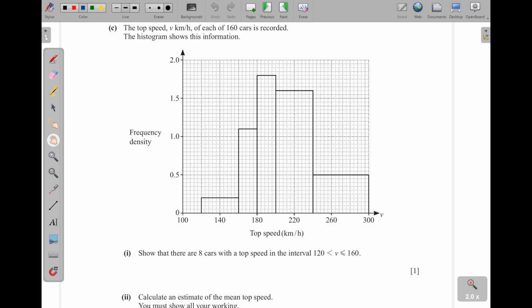Roman 1, show that there are 8 cars with the top speed in the range or in the interval 120 to 160. Now, since here we are having frequency density, we should know that frequency density is the same as frequency over the class width. Now, that means when I need frequency, it is going to be equal to the class width times the frequency density.